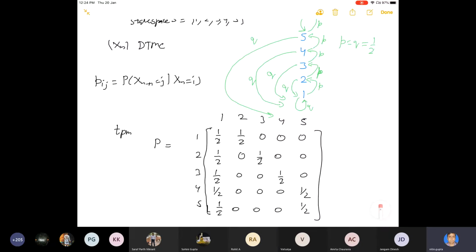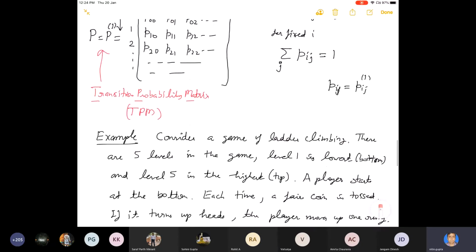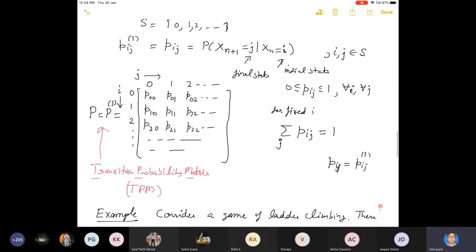The other thing is how the sum in a row is 1, because you know that the probability that Xn plus 1 is equal to j given Xn is equal to, let us say, 0 is some probability. Also, by the definition of the probability, sum of the probability should be 1.